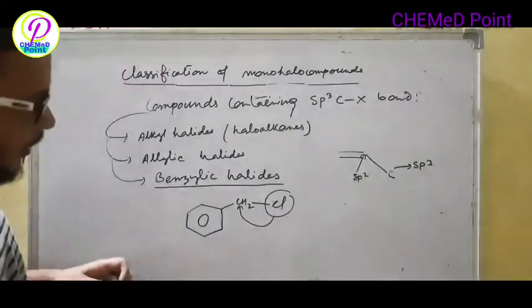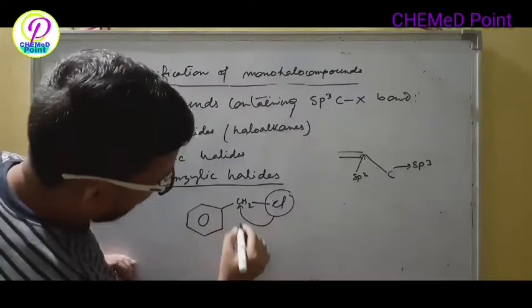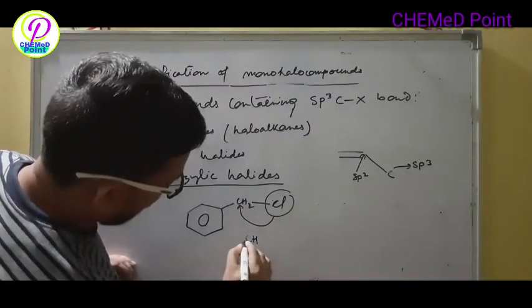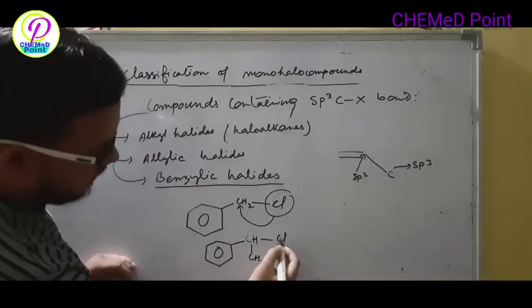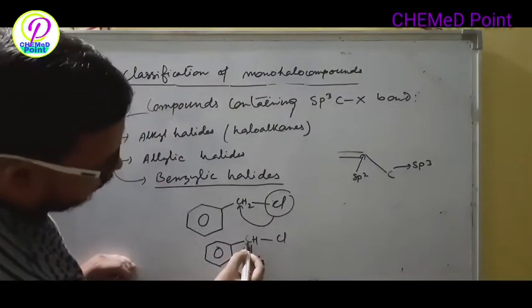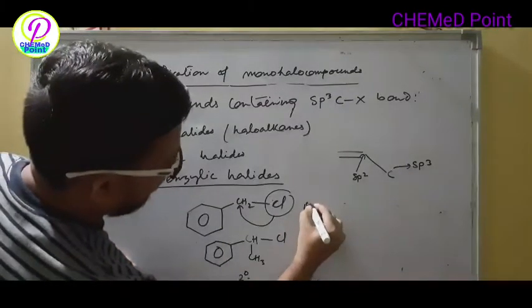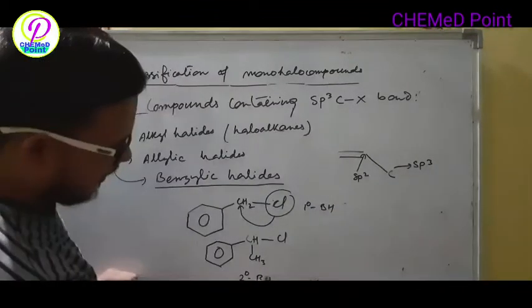One thing you see, if we replace one hydrogen by one methyl group, CH3, we will get a compound where the halogen atom is attached to the secondary carbon, a secondary benzylic halide. This is primary benzylic halide, this is secondary benzylic halide.